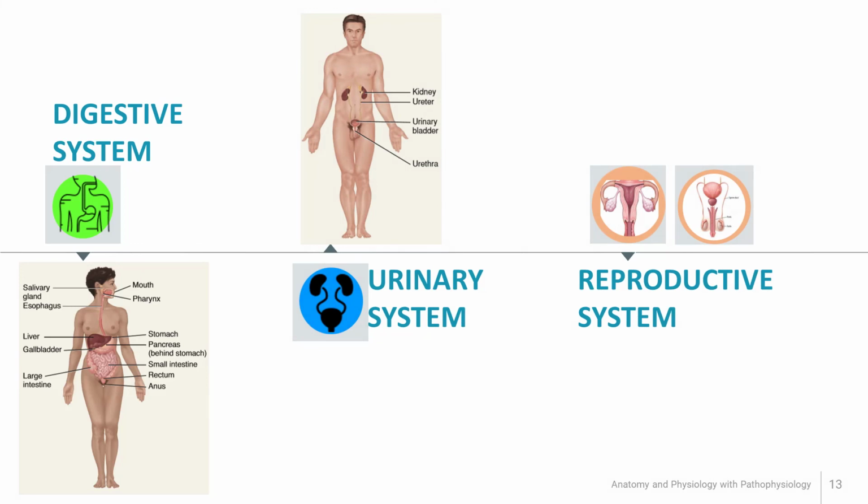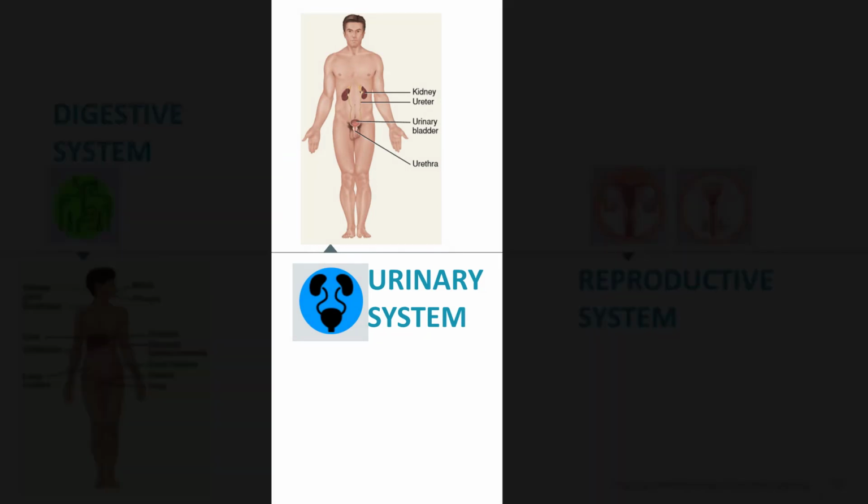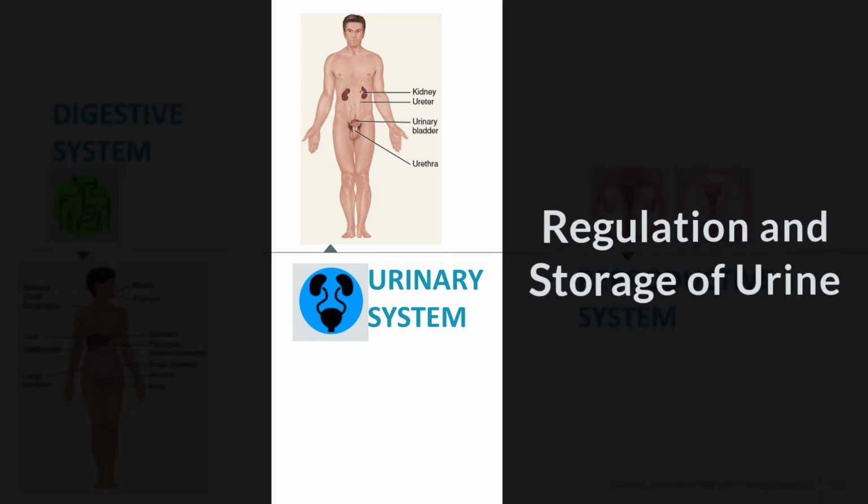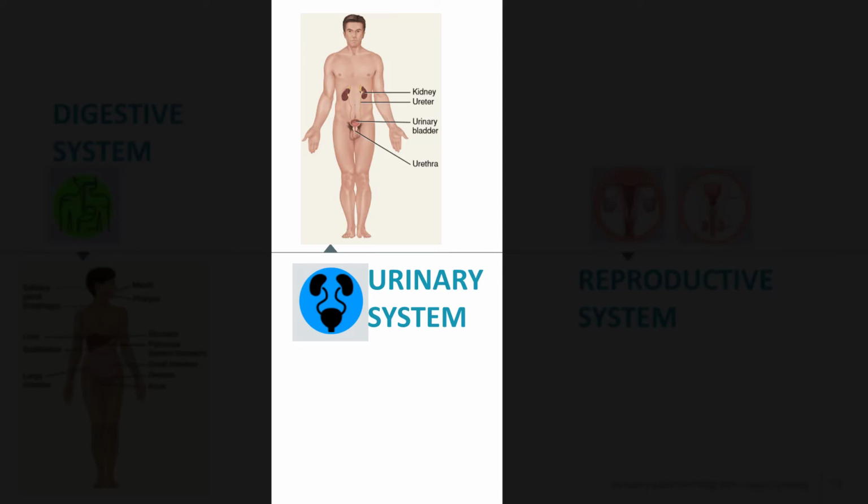The urinary system consists of 2 kidneys, 2 ureters, 1 urinary bladder, and 1 urethra. The urinary system is responsible for the excretion of waste products from the blood. It also controls water balance by regulating the volume of urine that is produced and stores urine prior to voluntary elimination.